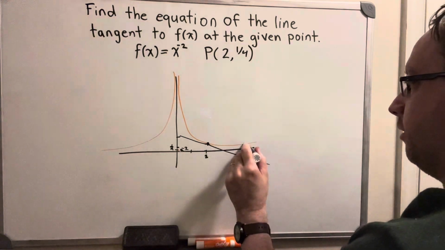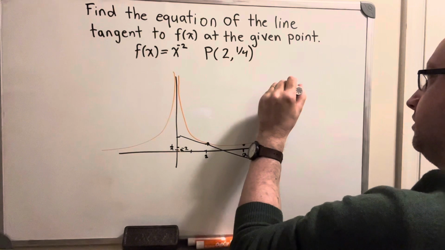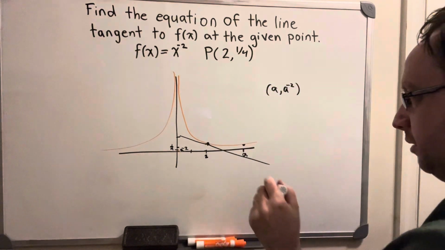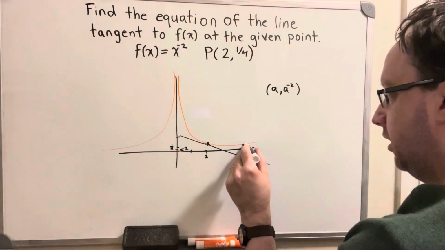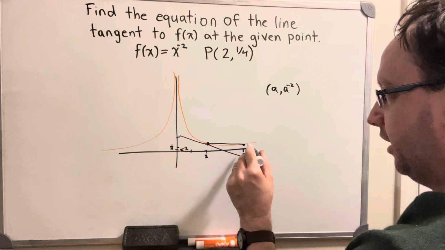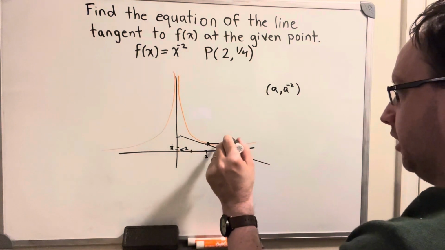So this other point right here is going to be at a and a to the minus 2. And the line connecting the point 2, 1/4, and a, a to the minus 2 is the secant line.